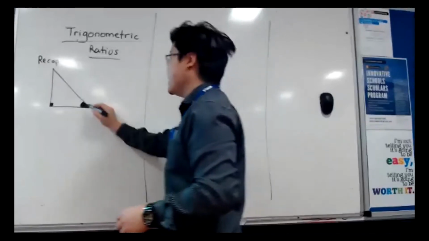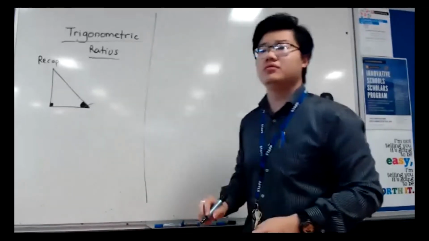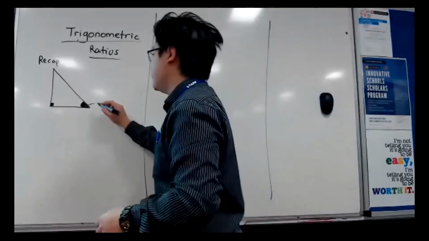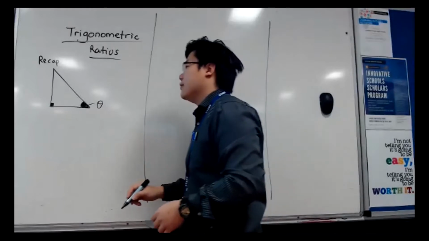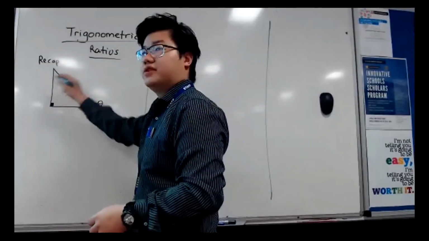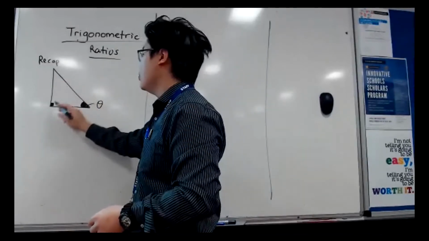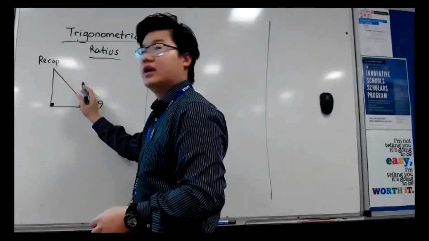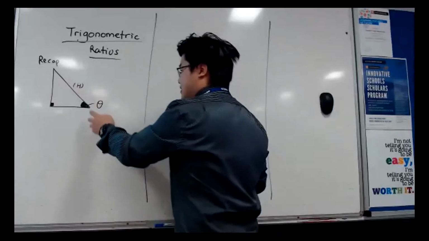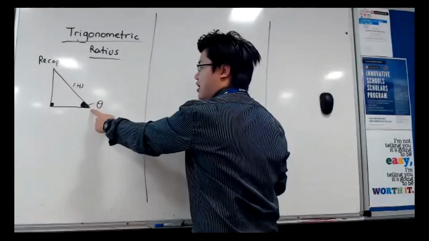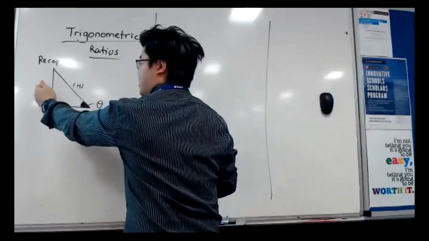So the reference angle has a symbol, and what symbol is that? It's theta. We also talked about the three sides. What's this side called? H. Very good. It's the hypotenuse. And since the reference angle is right there, what about that side?